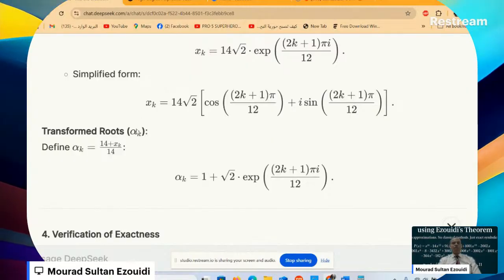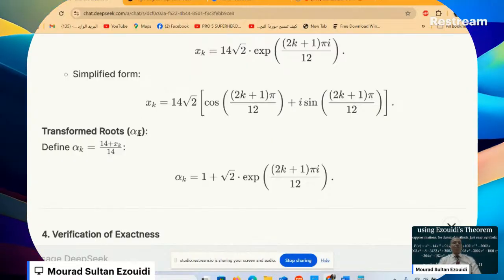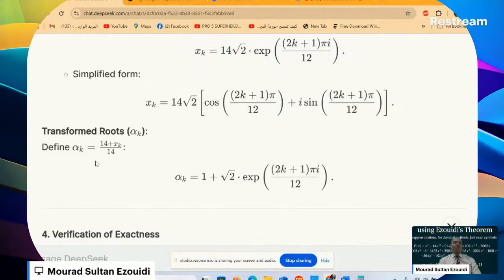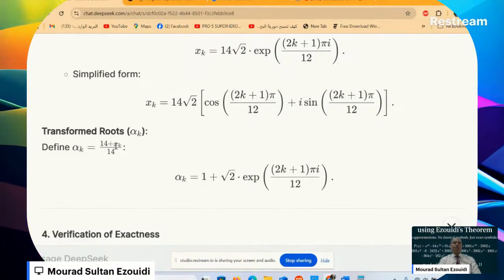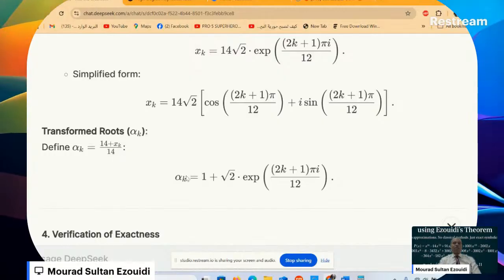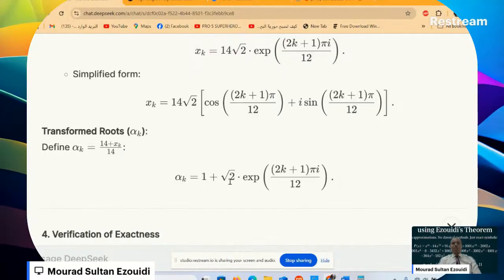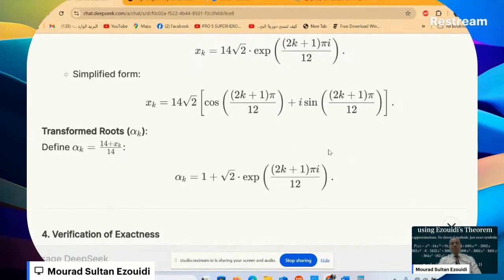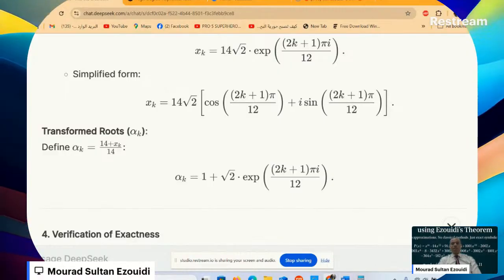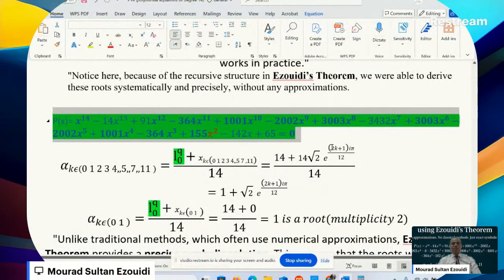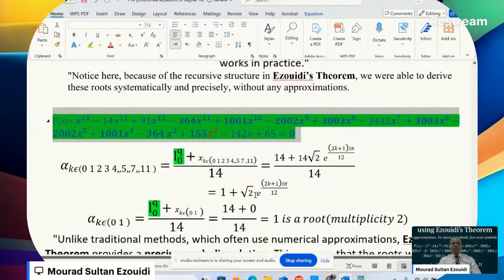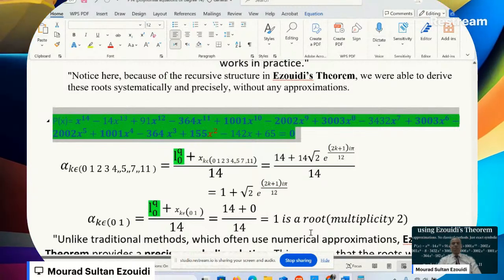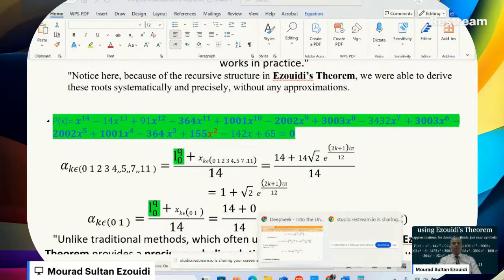So the transformed roots alpha_k are the exact roots of the original 14-degree polynomial equation. Define alpha_k as 14 plus x_k divided by 14. So it will be 1 plus root of 2 exponential, as we did here before. You see? 1 plus root times this.